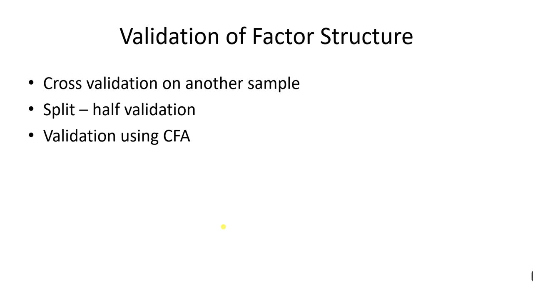And the third way is to use confirmatory factor analysis. Do it on another sample, and the second time, rather than doing exploratory factor analysis, you do confirmatory factor analysis and check how far the obtained factor structure fits the data. If there is a good fit, then we can say that the factor structure is valid.